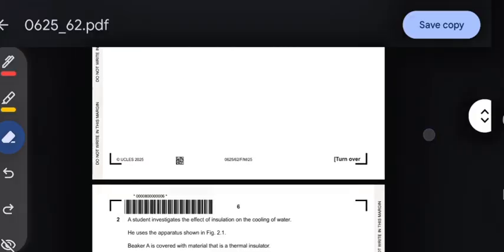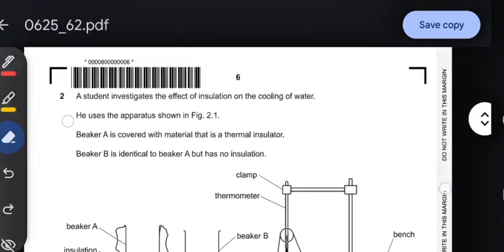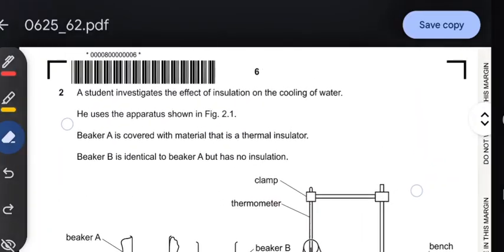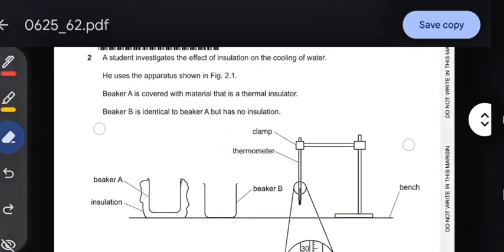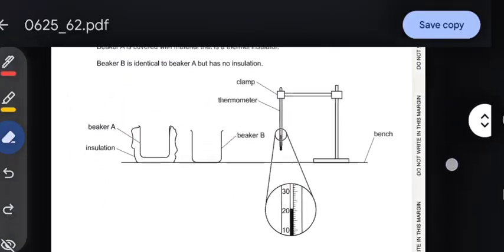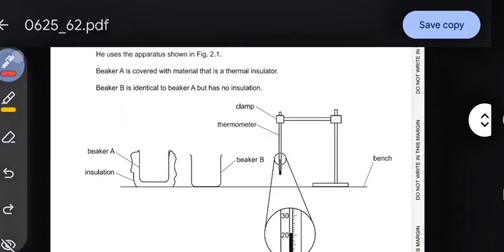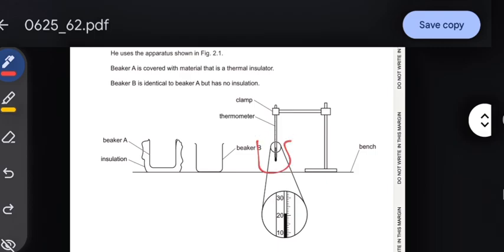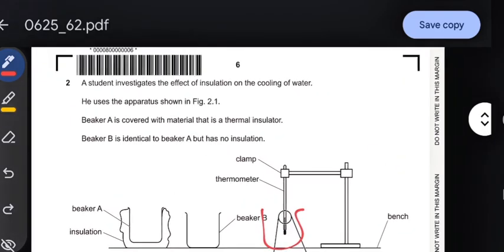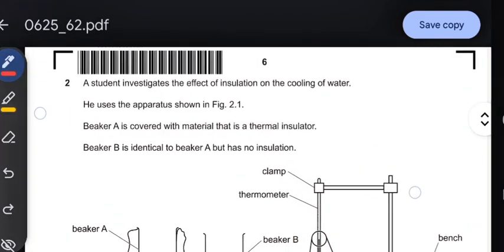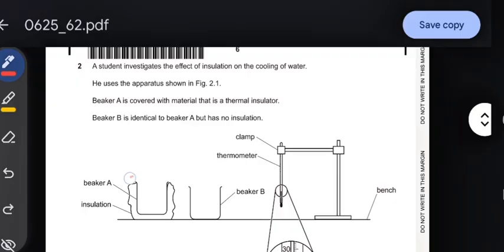Okay, moving on to the next one. A student investigates the effect of insulation on the cooling of water. He uses the apparatus shown in 2.1. We have 2 beakers here, and there's a thermometer. Beaker A is covered with a material that is a thermal insulator. We can see there's insulation here.